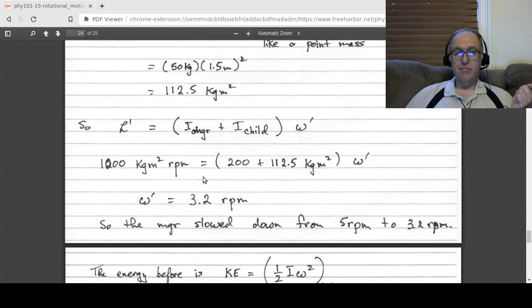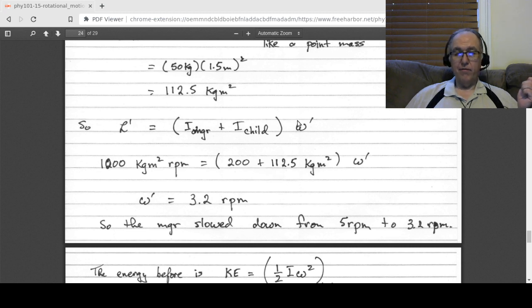The total angular momentum after the collision, L prime, is going to be the combined moment of inertia of the child and the merry-go-round multiplied by their common angular velocity. Okay, so angular momentum is conserved from above, 1,000 kilogram meters squared rpm. That's what we found for the system before, and so it's the same after. That's going to equal the combined moment of inertia.